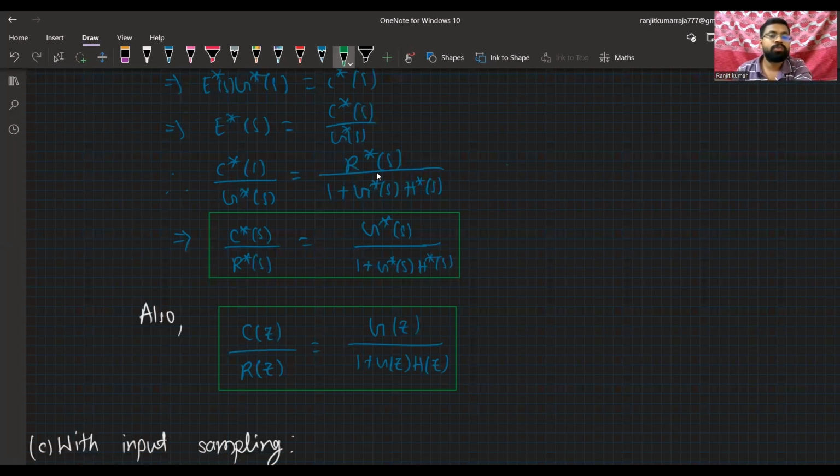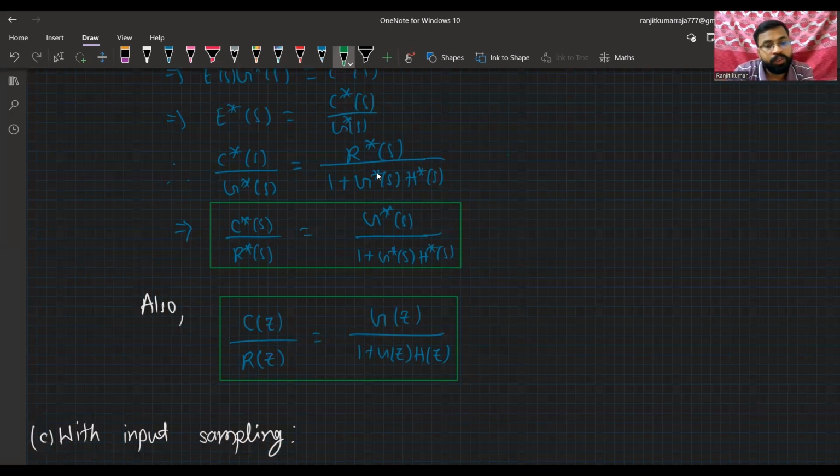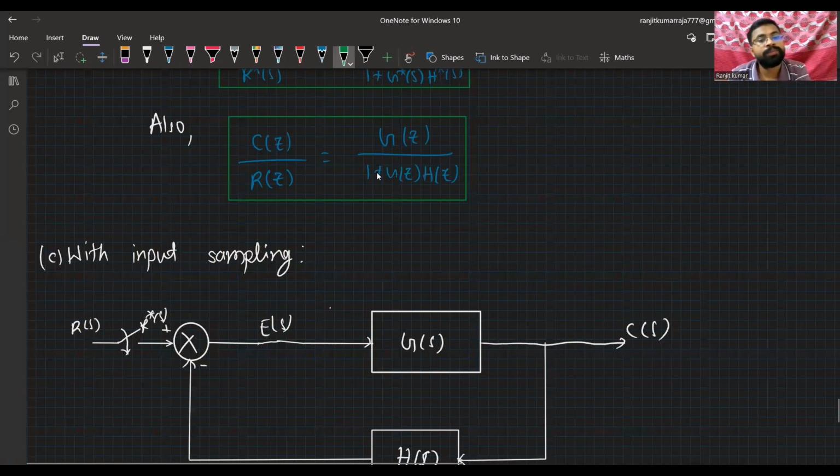No need to convert this function into a single variable, that is in the S domain. Now this function, C of Z divided by R of Z, equals G of Z divided by 1 plus G of Z H of Z.